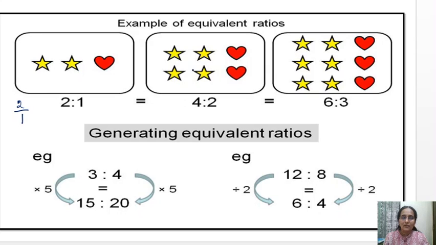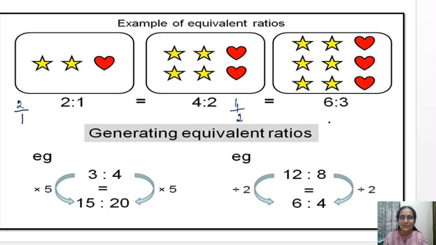Now the corresponding equivalent ratio: there are 2 stars and 1 red counter here, and there are 4 stars and 2 red counters here. It can be written as 4 divided by 2, right? 4/2 is the equivalent fraction for 2/1, and 6/3 is also an equivalent fraction for 2/1.